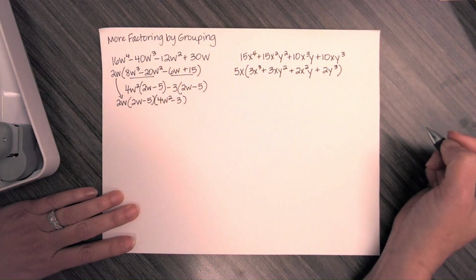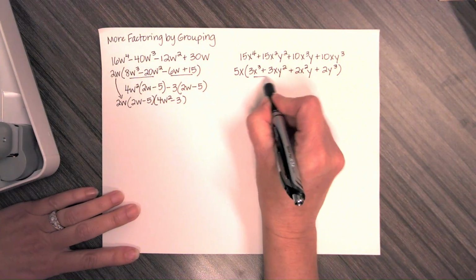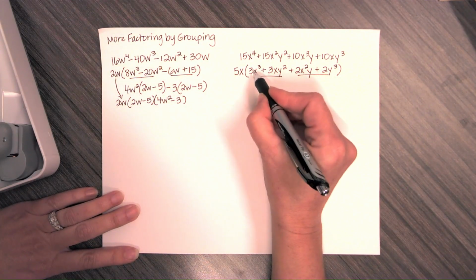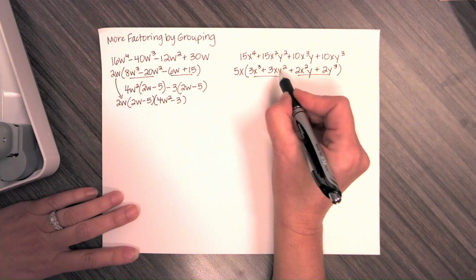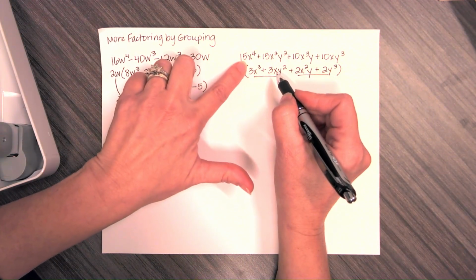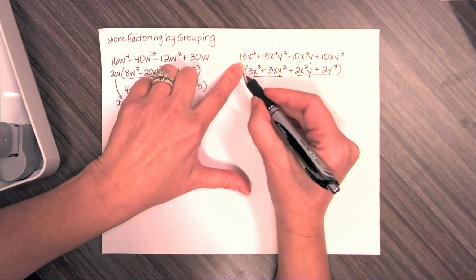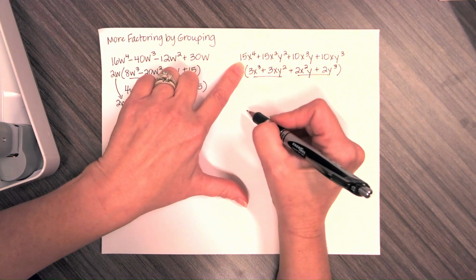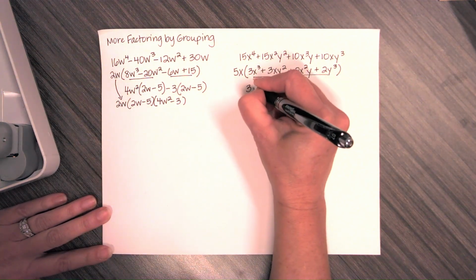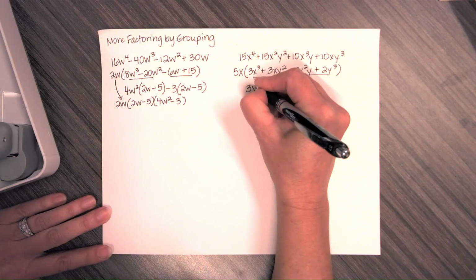All right, now that I've done that, now I can group. So I'm going to look at just this first group, just this pair, and look for the greatest common factor of those. Now remember, 5x is going to be part of my answer, but I'm putting him on hold for just a minute. Okay, just leave him out there and don't forget about him at the end. Out of this first group, I'm going to take a 3 out and also an x out.